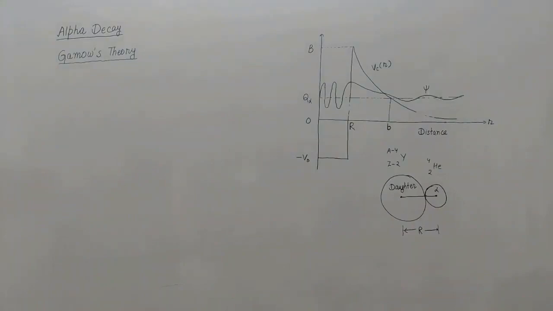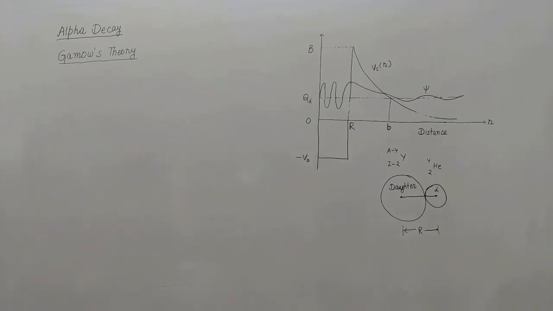Now, the next question arises: how does this alpha particle physically come out of the nuclei? What is the physical phenomenon due to which this alpha particle is able to come out of the nuclei? And we want some mathematical background also. This mathematical analysis as well as physical reasoning was provided by Gamow.